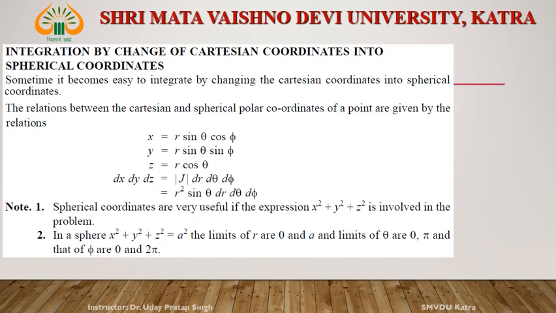Now see, just like from Cartesian to polar coordinates, where x is equal to r cos theta, y equal to r sin theta.